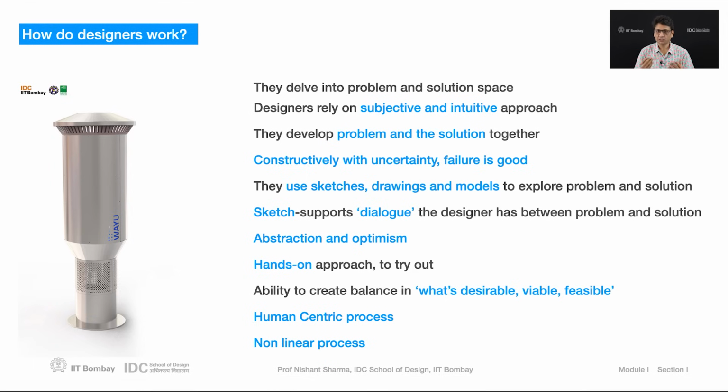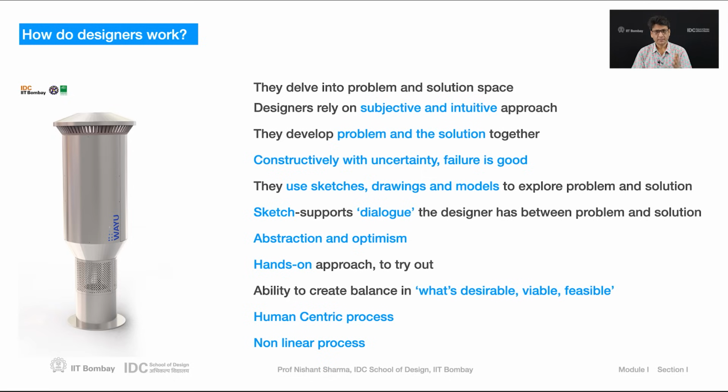Visual aids like sketches and models help them ideate, refine their concepts, and communicate their vision effectively. A delicate balance is struck between desirability, viability, and feasibility, with designers aiming to create solutions that resonate with users, align with business objectives, and overcome technical constraints.